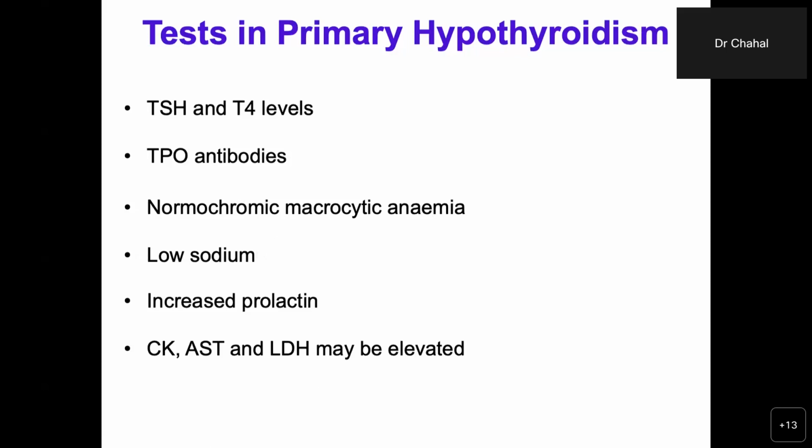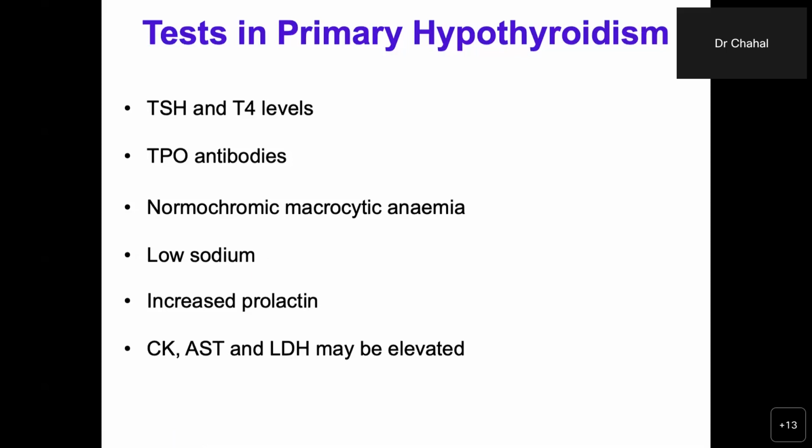Bear in mind, if you ever do measure a prolactin level and it's raised, always make sure you've measured thyroid function tests, because hypothyroidism can increase prolactin levels. And then various muscle markers can change, such as creatine kinase, liver markers, AST, and LDH levels in primary hypothyroidism.